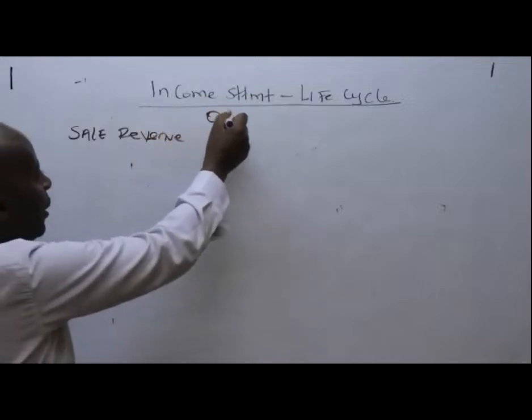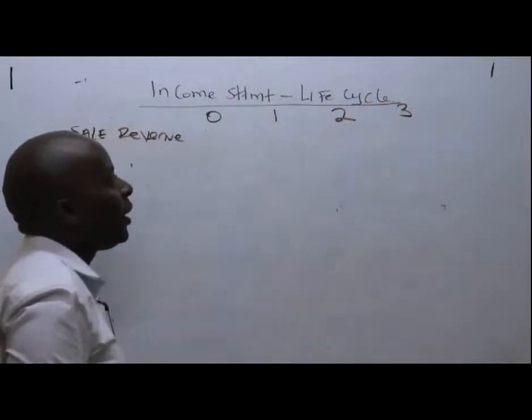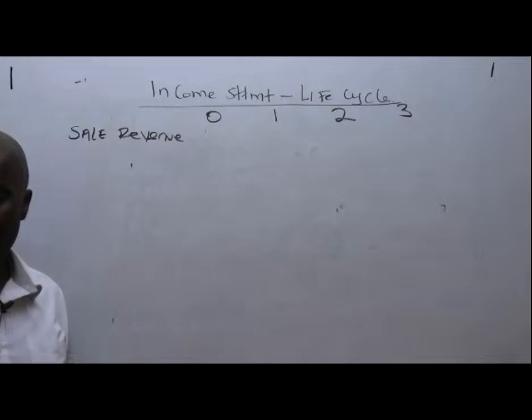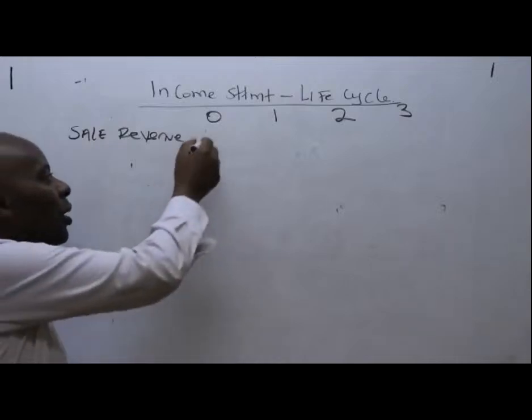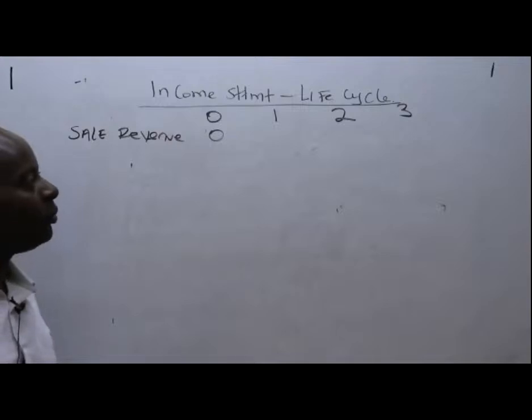We have year 0, 1, 2, 3. For sales revenue, of course, at year 0, we haven't started selling. So revenue there will be 0.